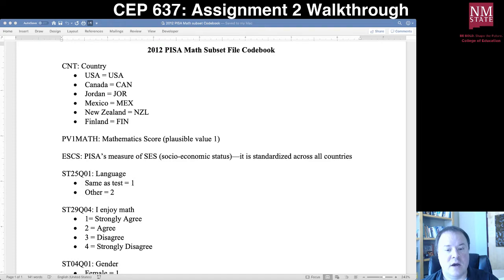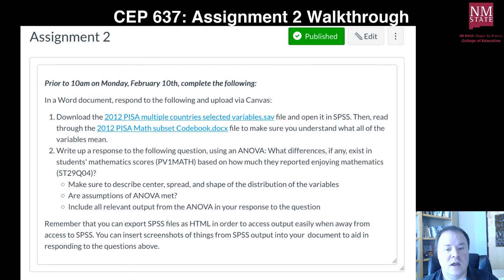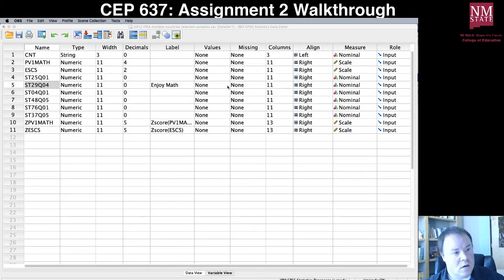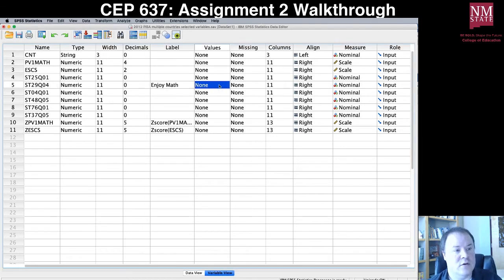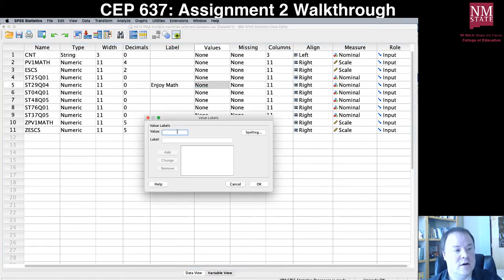So if we go back to the data set, in here it says values. We can actually put that in here. So a value 1, I'm going to put means strongly disagree and add it.